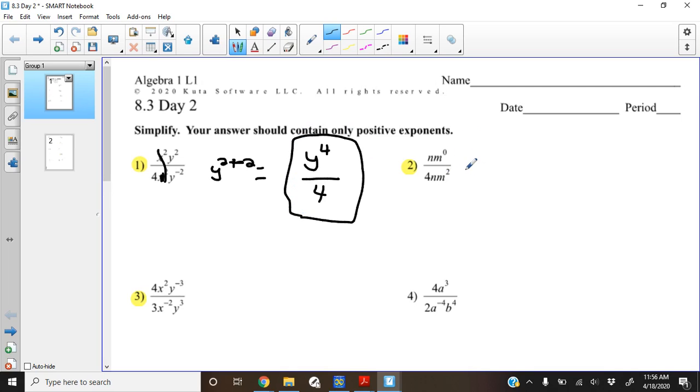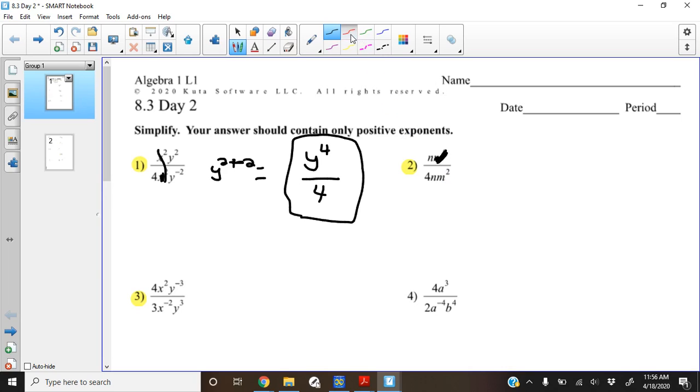All right, next one. So I see m to the 0 power, but what is anything to the 0 power? It's 1. So that can also be excluded. So really I just have, because n times 1 is just n, I have n over 4nm squared.